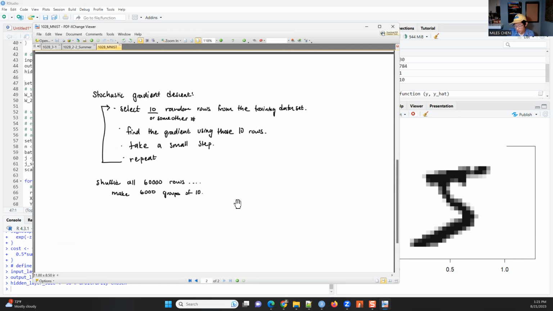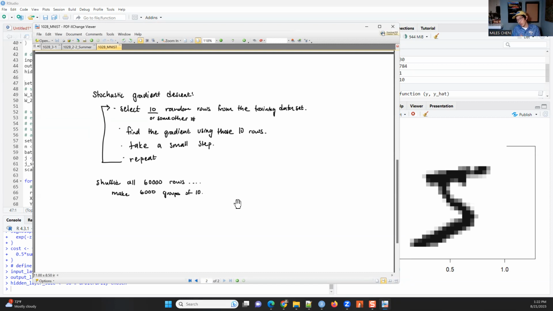So I'm going to select 10 images at random, calculate the gradient using those 10 rows, and then take a step in the direction that the gradient descent tells us to go. That helps our computer, because doing the matrix operation with 60,000 rows requires a lot of computational power. That's just a few too many matrix multiplication operations to ask of the computer.